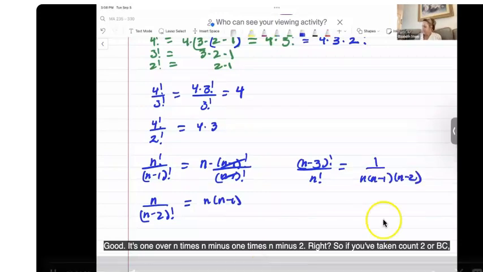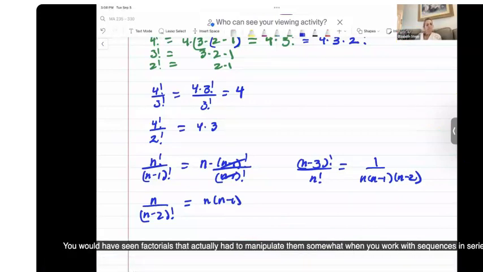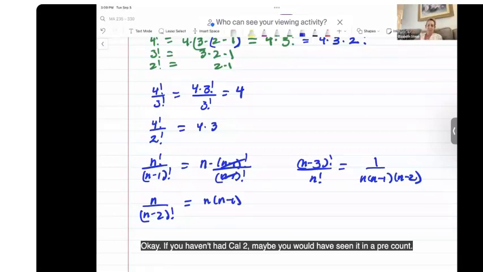If you've taken Calc 2 or BC Calc, you would have seen factorials and actually had to manipulate them somewhat when you work with sequences and series. If you haven't had Calc 2, maybe you would have seen it in pre-calc. Where have you all seen it if not in Calc 2? Anybody know where they've seen it?